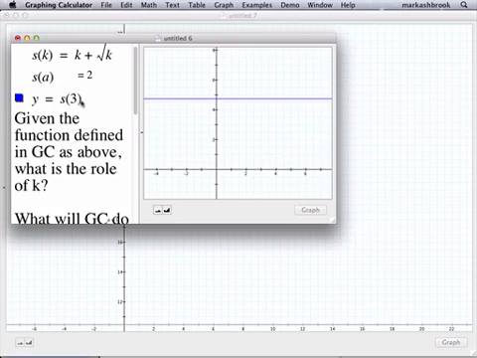All right, so if we graphed y equals S of k, what do you think it will do? It'd be another horizontal line, a constant. Just be one. No, it'd be two. Okay, so if we do S of k, we've made k our local variable in that line, but k anywhere else is going to have the value of what? 1.